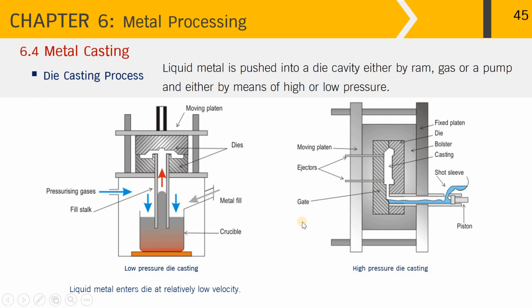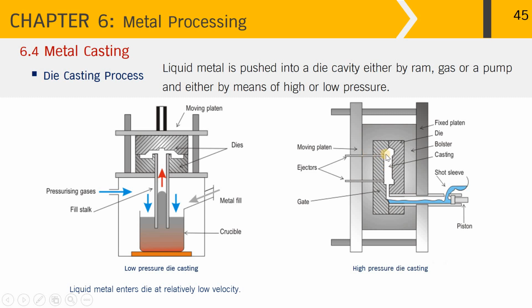As you can see from the schematic diagram over here, both halves of the die are attached or clamped by the moving platen and the fixed platen. The shot sleeve of the molten metal is poured inside, allowing the piston to press the molten metal through the gate into the die cavity. Once solidified, producing the casting that is then ejected after the moving platen moves to the left-hand side.